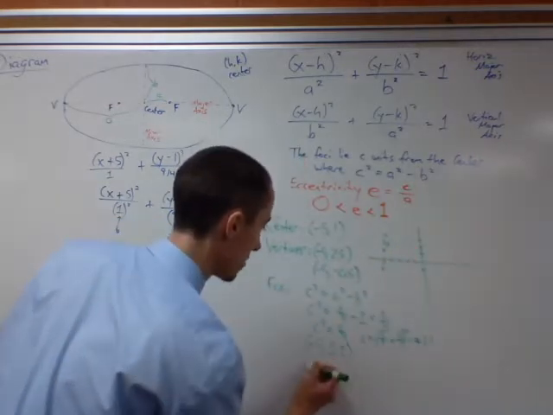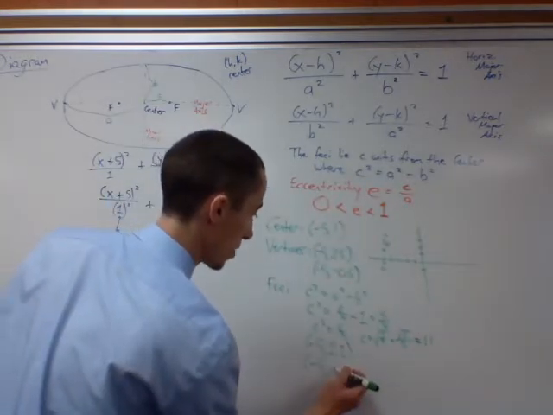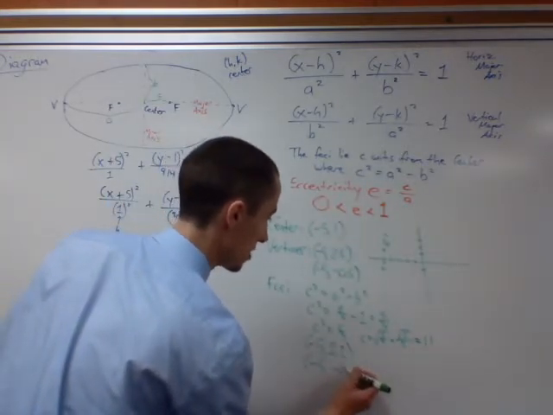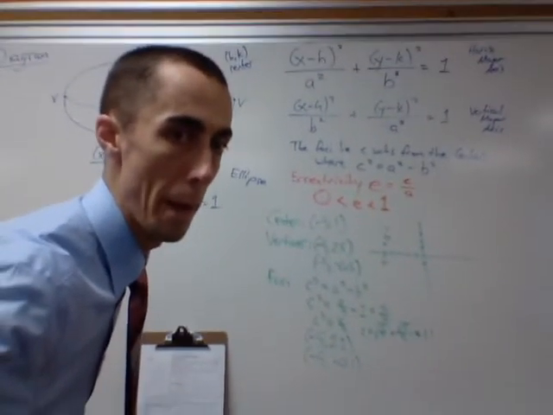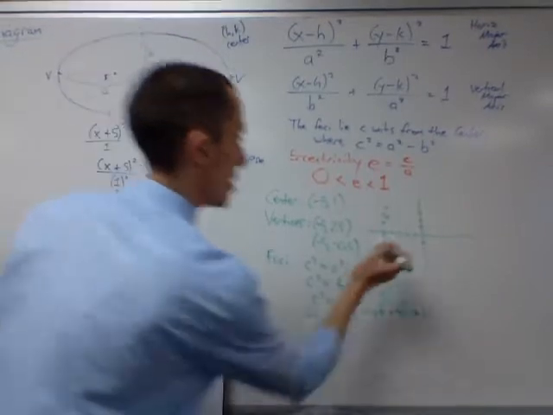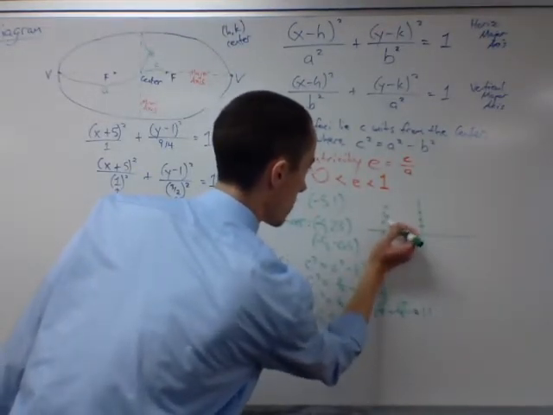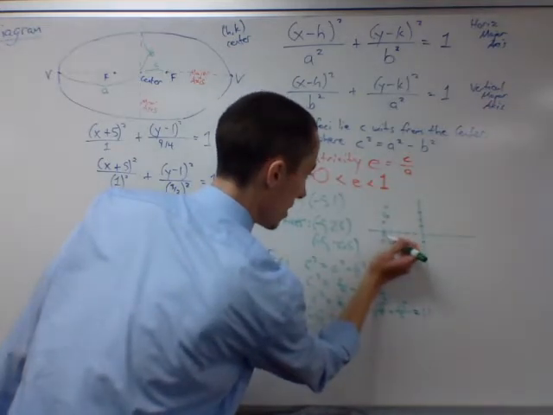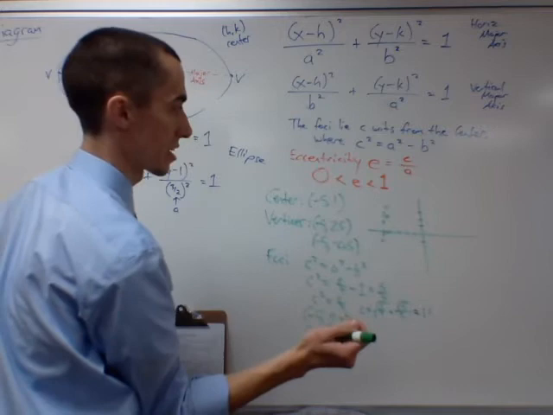And down that far from the center, which would get us approximately -0.1. Put us right in there. So we've got a focus just below the axis there.